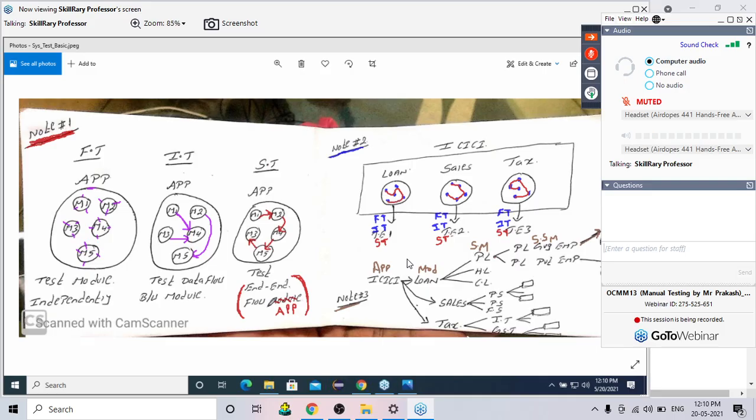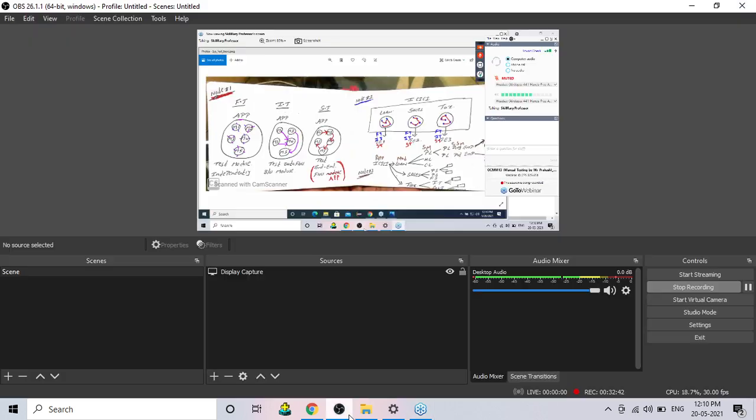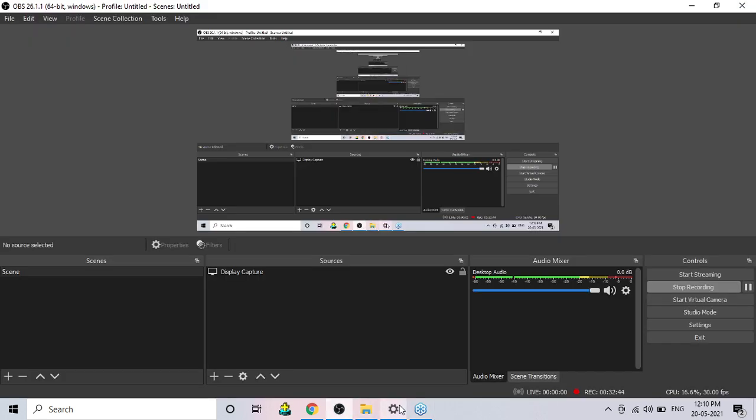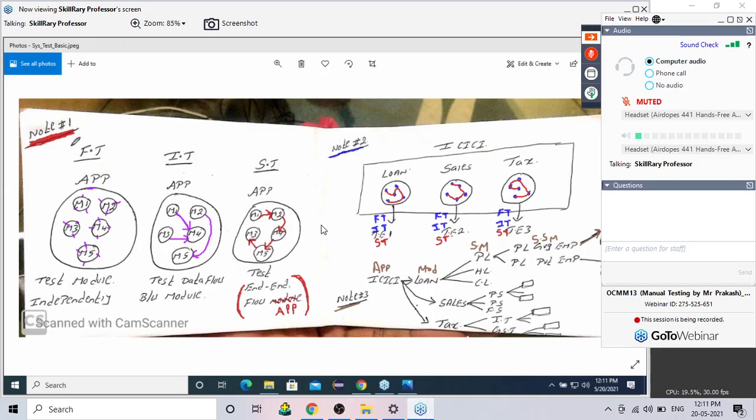Have you understood till now? Wait. Don't ask me anything. Note number one: there is a new type of testing called system testing. Generally, the user will use the application like this only, so we should do it.